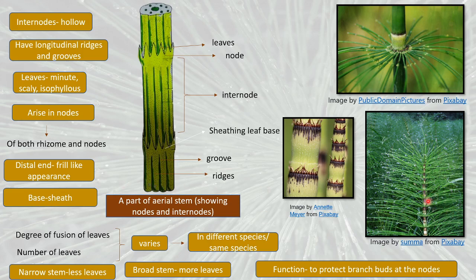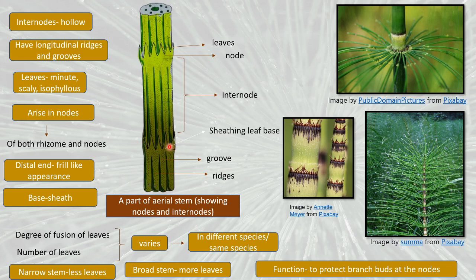See, as I told you, from the node lateral branches arise, right? So there are branch buds present which will give rise to branches here. So the main function of these small leaves is to protect the branch buds. Whatever branch buds are present here would be protected by these leaves.